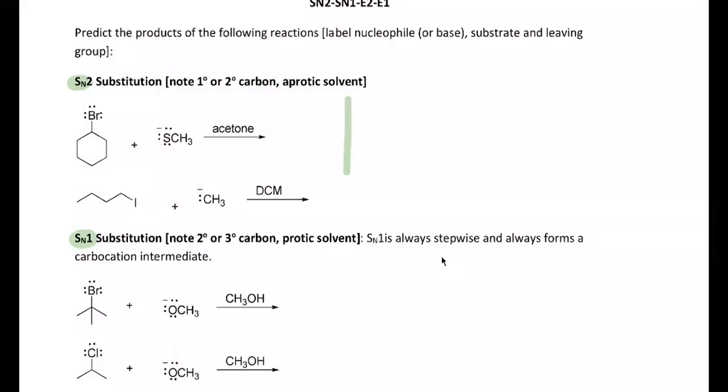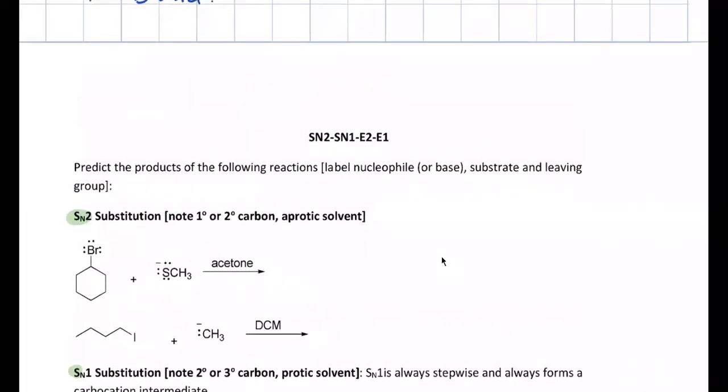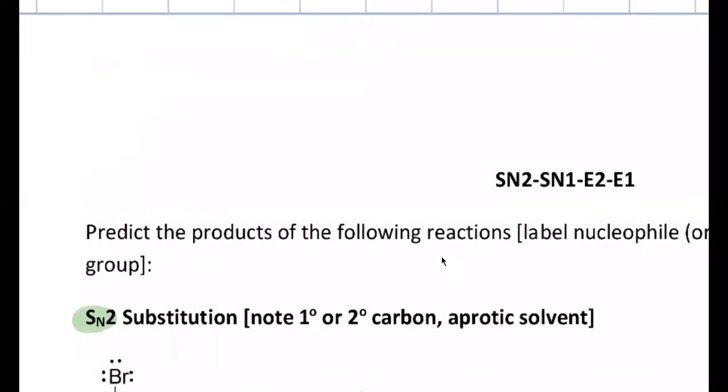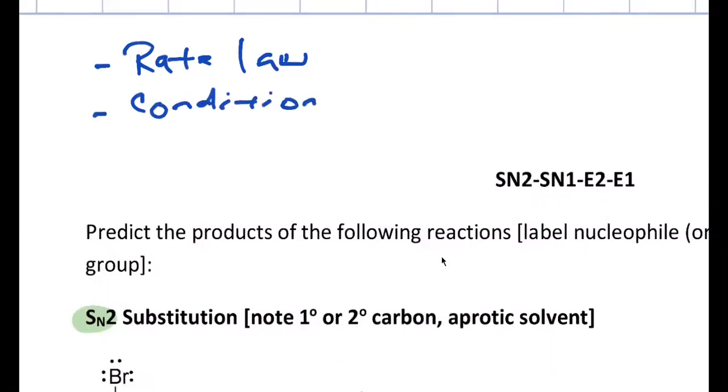And what we're going to learn from each of these discussions is the rate law, how to write the rate law. We're going to talk about the conditions of the reaction, because each substitution happens under different types of conditions.